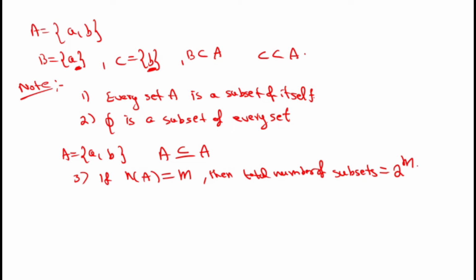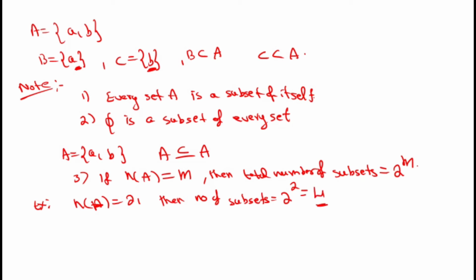For example, see, n(A) is equal to 2, then the number of subsets is equal to 2 to the power m. What is the value of m? Here you can see, right, the m value is equal to 2. 2 to the power 2, it's equal to, you can write 4 subsets.